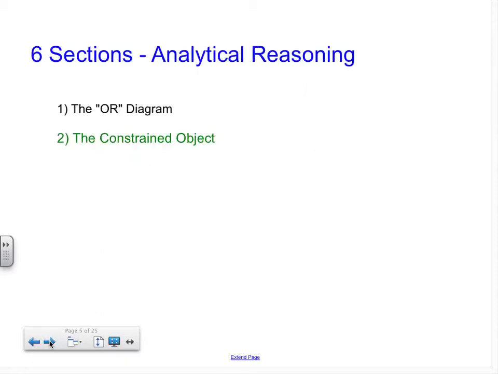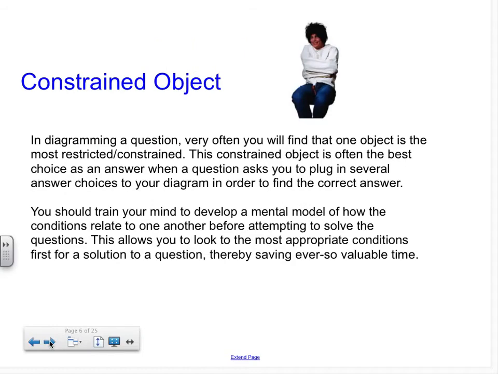Today, I'll be talking about the second section in the Analytical Reasoning module on the Constraint Object. You may be wondering what the Constraint Object is. In diagramming a question, very often you will find that one object is the most restricted or constrained.